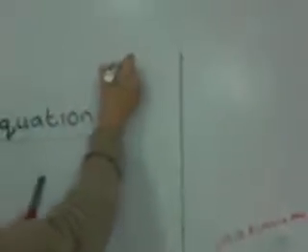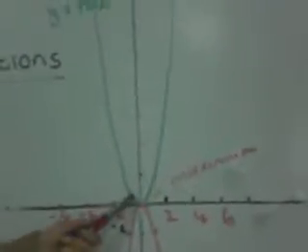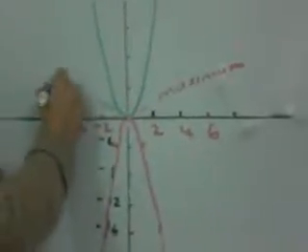If this was a positive, if I had y is equal to plus 4x squared, it would have looked exactly the same, but it would have been the other way around. So it would have been like that, and it would have faced up, and then we would have called this value here a minimum.